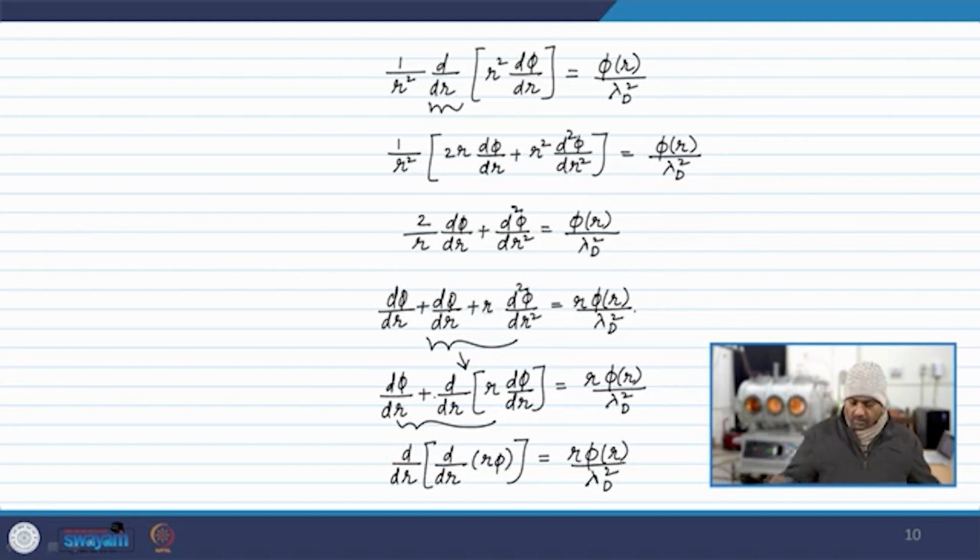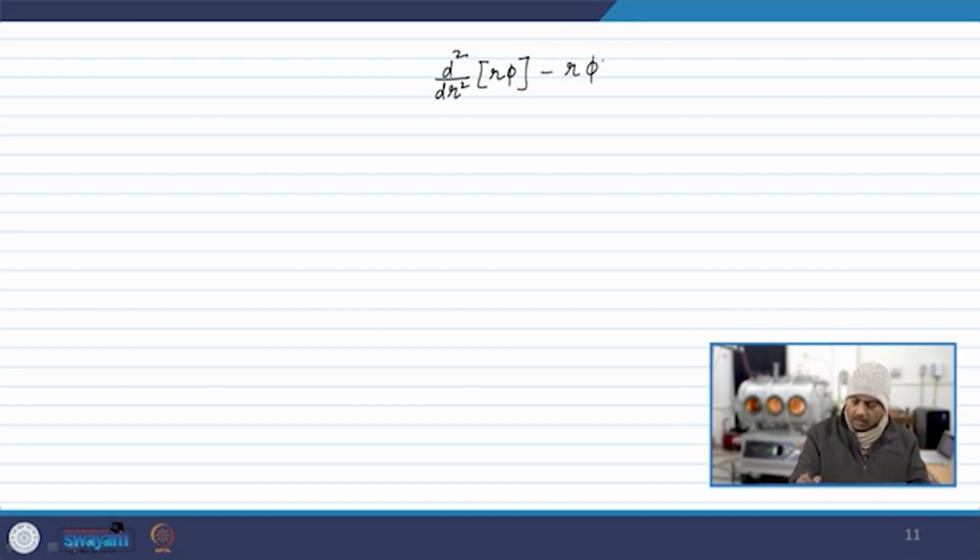Okay. Now, essentially all of this, I can rewrite as d square by dr square of r phi minus r phi of r by lambda d square is 0.